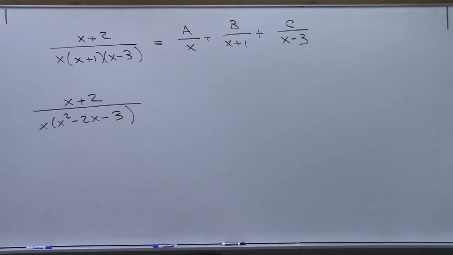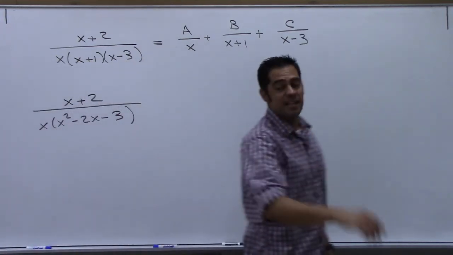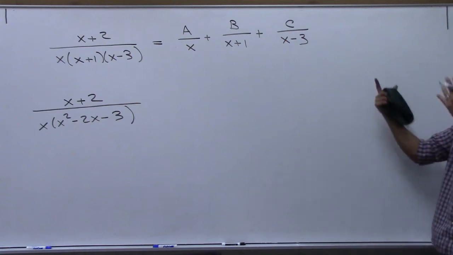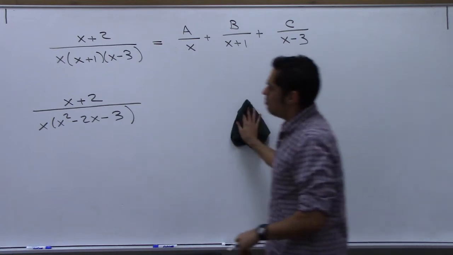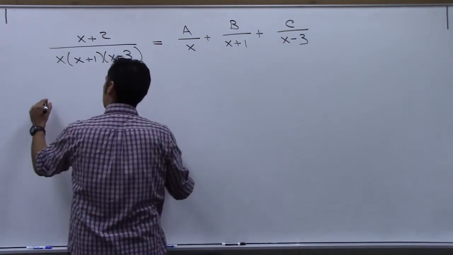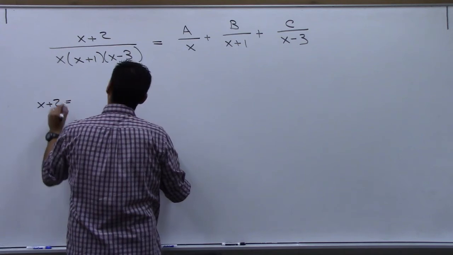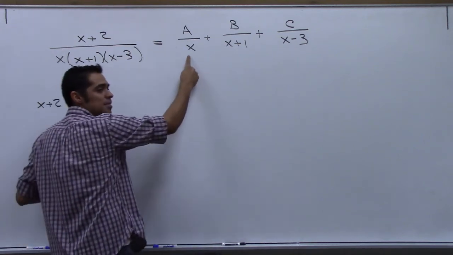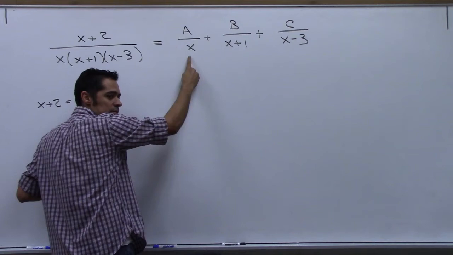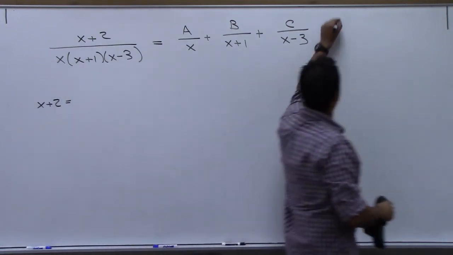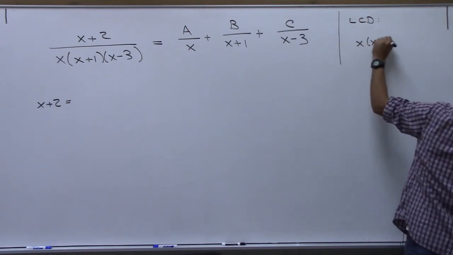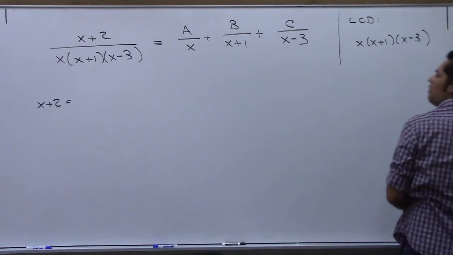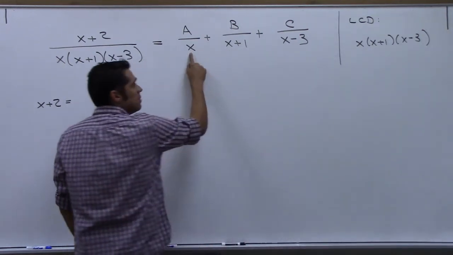What did I do last time at this point? LCD, both sides. So what happens on the left side when you hit it with the LCD? Everything goes away except x plus 2. On the right side, this one's going to be a little different, because when you hit this one with the LCD, the only thing that goes away is the x. The LCD is everything on the bottom. So if I multiply this one times the LCD, the x's cancel, but everything else stays.